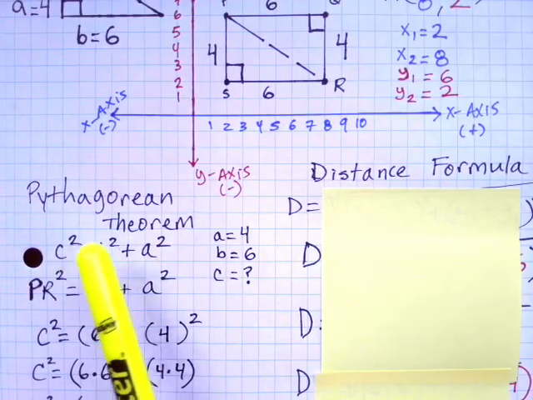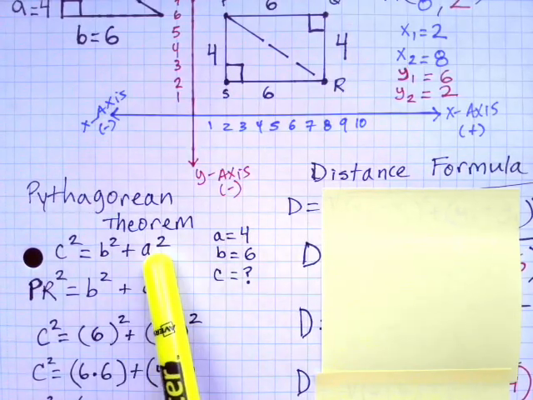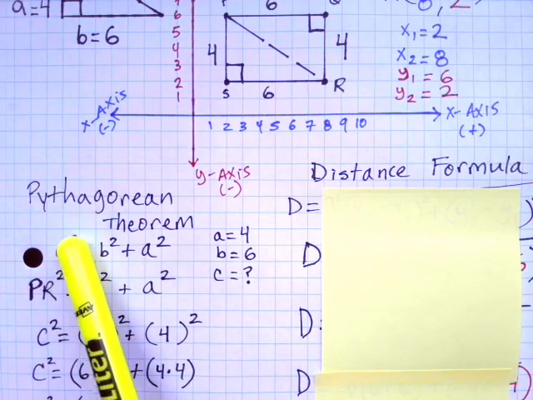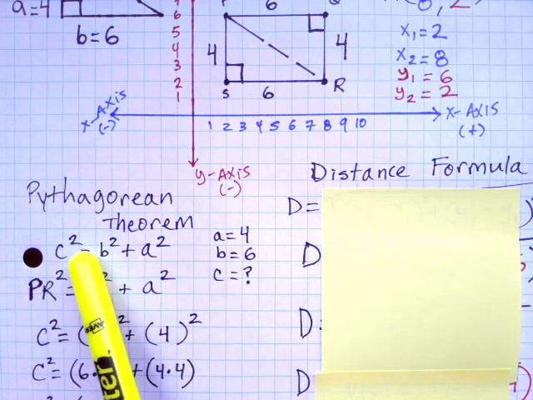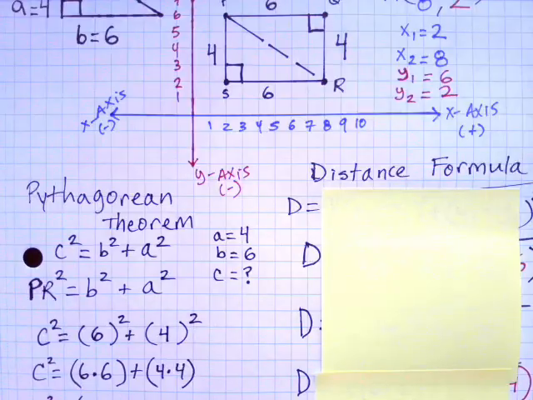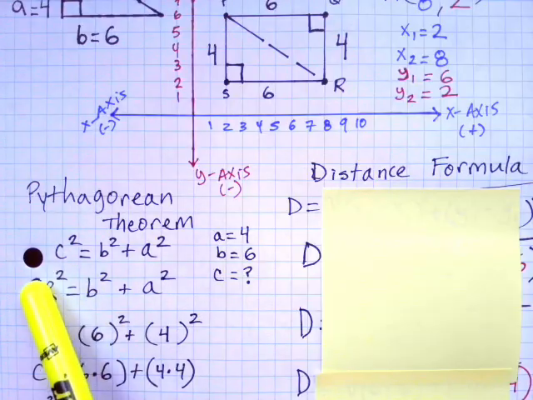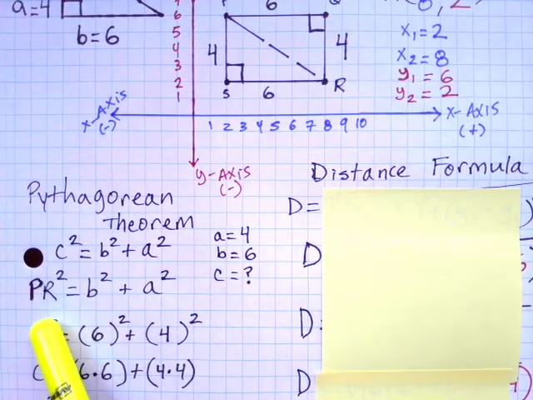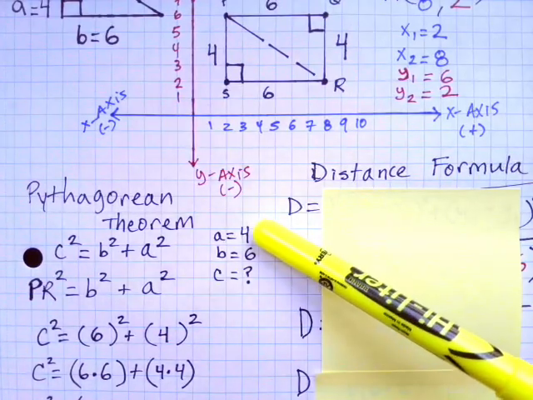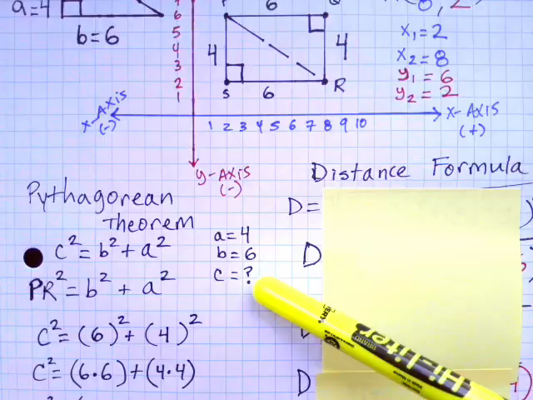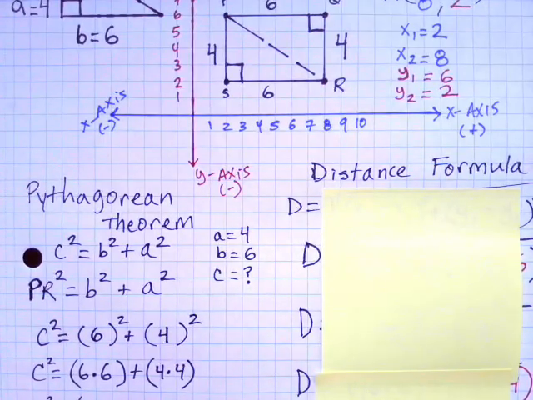You can reverse this, or put a squared here and b squared here. What's important is that c squared is all alone on one side of the equal sign. Here, our c squared, our unknown, is line segment PR, so I put a square next to PR. You don't have to do that; you could just use c squared. I've organized my a value, my b value, and my c value is unknown.